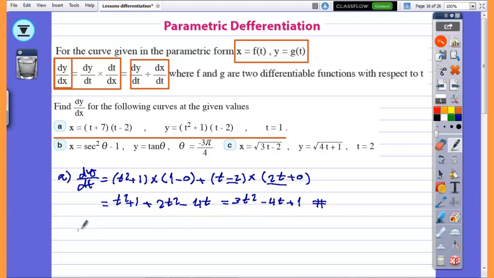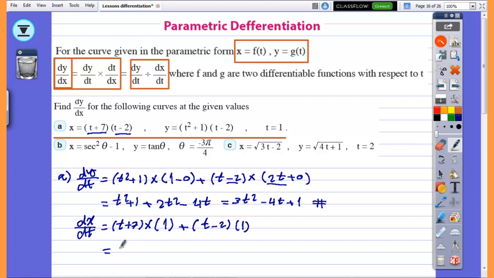Second step, we calculate dx/dt, where x equals (t plus 7) multiplied by (t minus 2), the product of two functions. The derivative of the product: the first, t plus 7, multiplied by the derivative of the second, which equals 1, plus the second function t minus 2 multiplied by the derivative of the first, which equals 1 also.